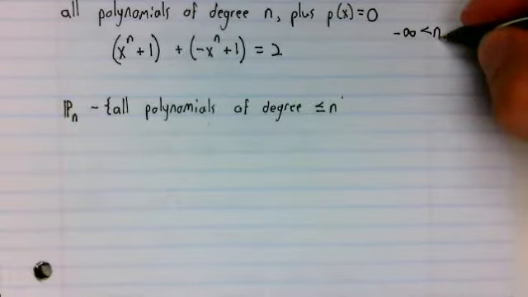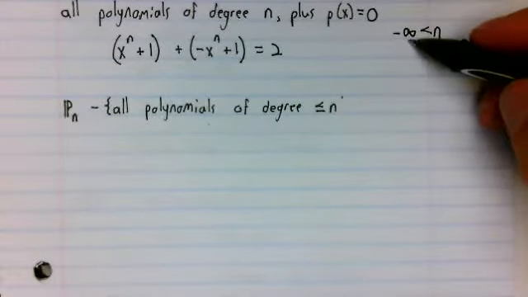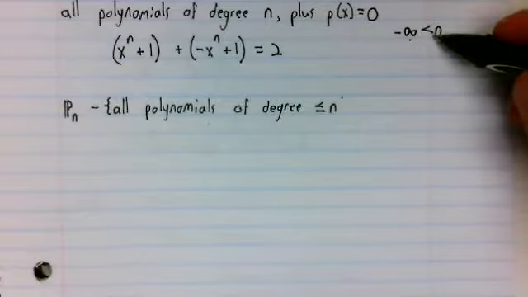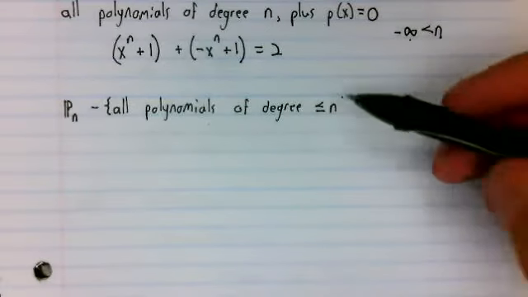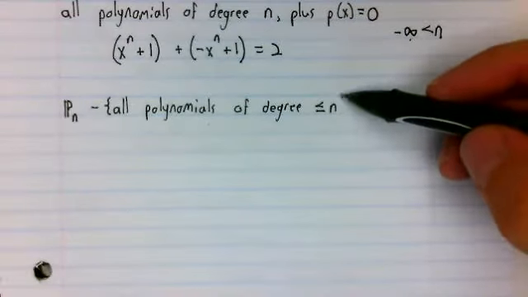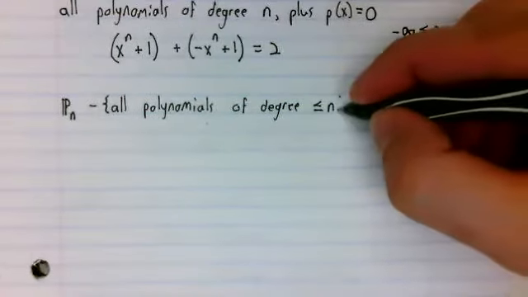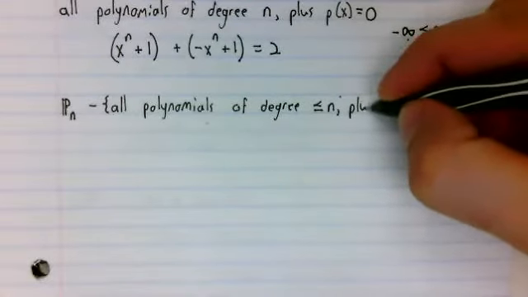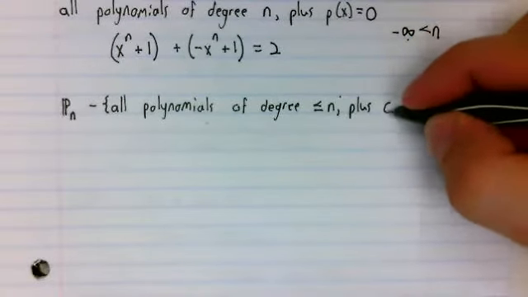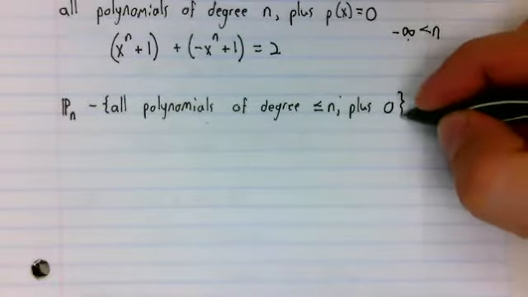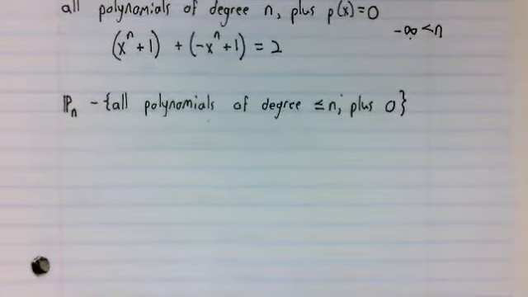And if you're willing to accept that negative infinity is less than n, the 0 polynomial was included in here. Otherwise, you have to make a special point of including it. This is a vector space.